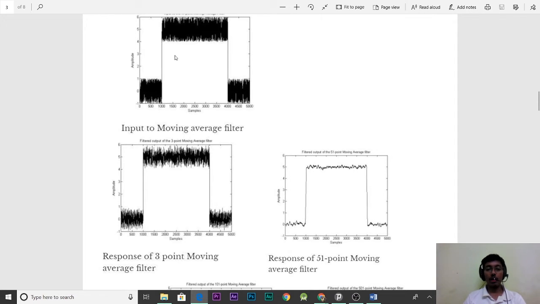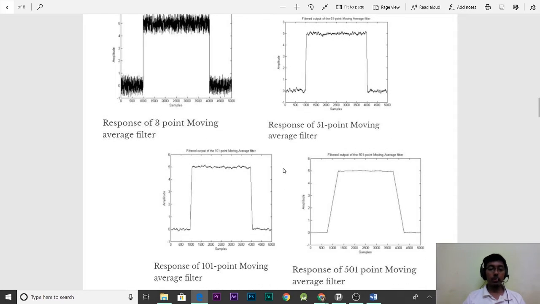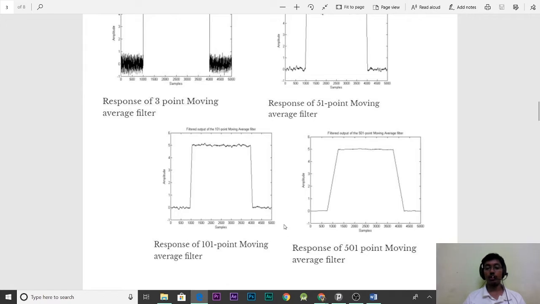And have a look at this transition, it just remains the same, a bit slight in this one, but if we increase it further to 101, the noise has almost decreased, and we have increased it furthermore. Example for L equals 501. It can be said to be a clear signal without high frequency noise, a smooth signal.